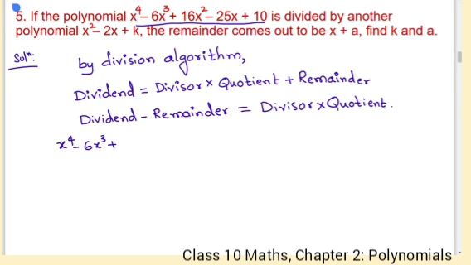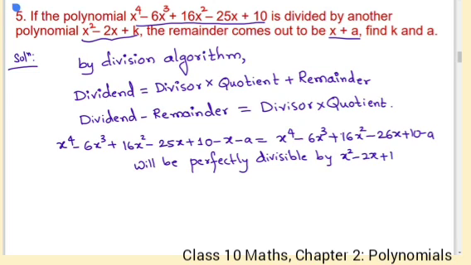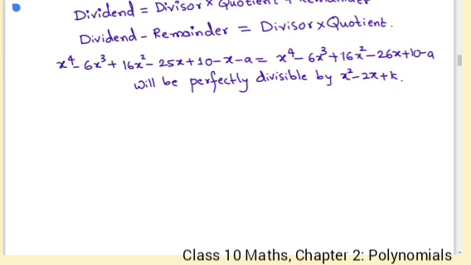So here dividend is x raised to 4 minus 6x cube plus 16x square minus 25x plus 10, and remainder is x plus a, that becomes minus of x minus a, which is equal to divisor into quotient. So here it will be perfectly divisible by x square minus 2x plus k.